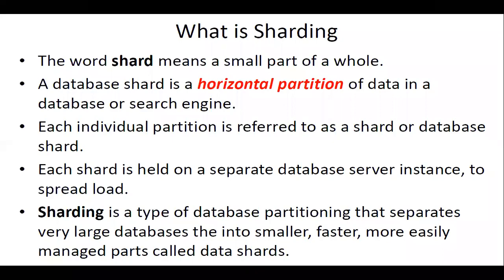For example, your table consists of 1 lakh records; whatever query you give has to run on all 1 lakh records, right? But when you split the 1 lakh records into, for example, partitions of 1,000, 5,000 or 10,000 records, you can narrow down to the exact data present in a particular shard or partition. So you can minimize the processing time to the maximum, right? This is some of the introduction about sharding.